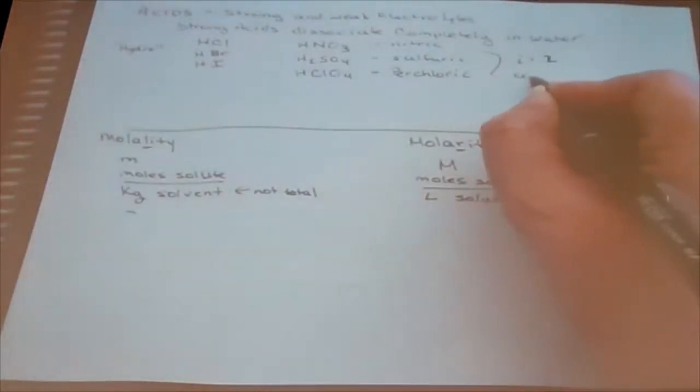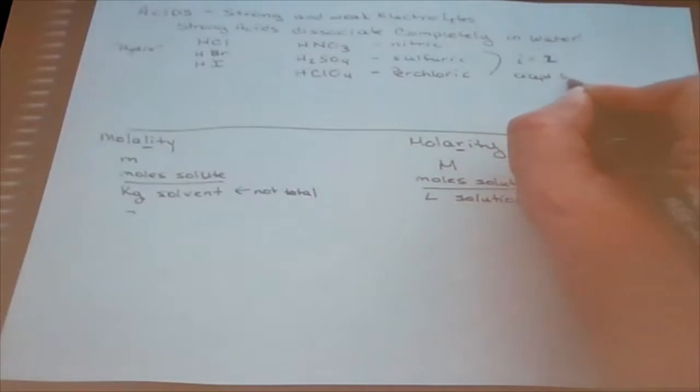Now, all of these are going to have a factor of 2, because they're going to separate the hydrogen from the rest of the molecule. Except sulfuric's a little bit weird, because it is diprotic. So that first hydrogen comes off very readily and acts just like all of the others.